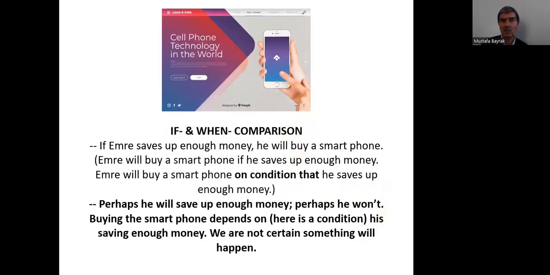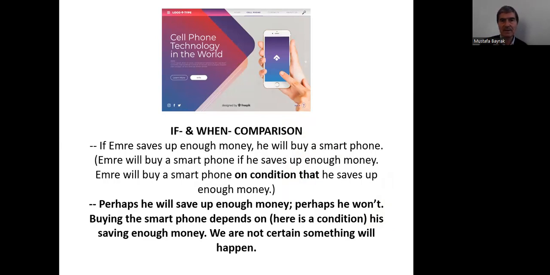Now, if, when comparison. Yes, let's have a close look at if and when clauses. They are similar to each other, but there is a small difference. Let's try to see what it is. If Emre saves up enough money, he will buy a smartphone. So, let's read the explanation.